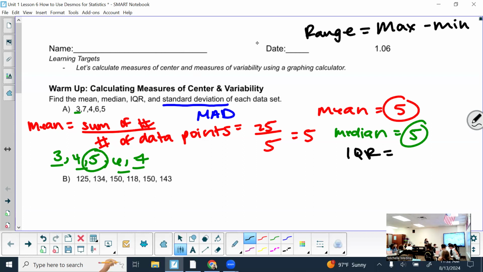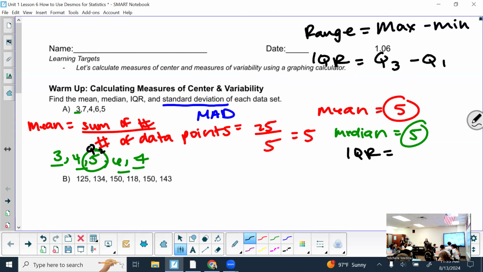Interquartile range is similar, except that it wants you to find the range of your quartiles. So your upper quartile minus your lower quartile. And that came up when we were doing box plots. So we know my median is 5. We have to find that first.